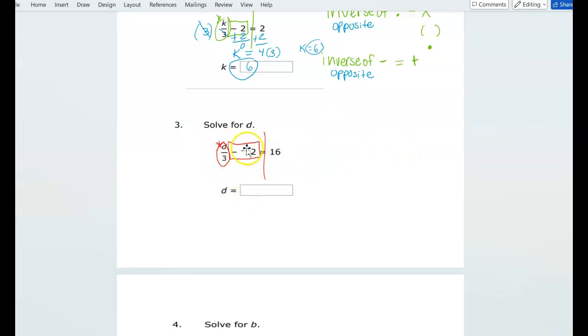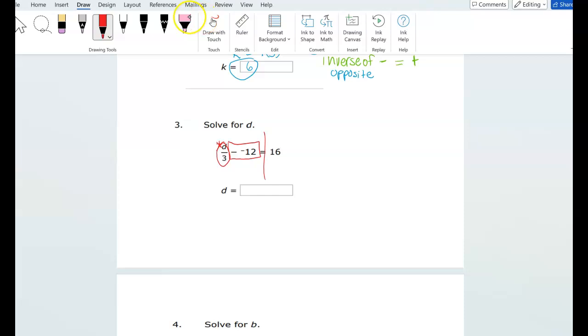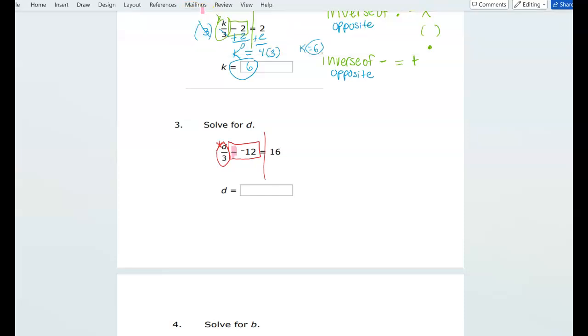All right, so first thing that we need to work with is the box. We gotta move it to the other side of the equal sign, to the right side of the equal sign. So we do the inverse or the opposite of the operation, which is subtraction.